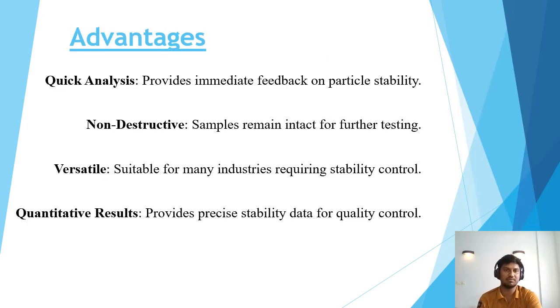The main advantages of zeta potential are quick analysis, non-destructive testing, and versatile quantitative results. It provides immediate feedback on particle stability, the sample remains intact for further testing, and it is suitable for many industries requiring stability control and quantitative results. It provides precise stability data for control.